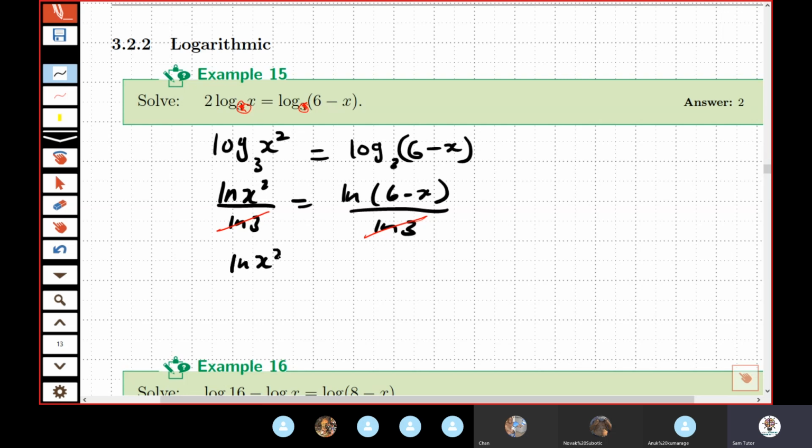So Chan, you're at this stage. You're very close. How do I get rid of my logs? What's the opposite of log? Exponentials. So you're going to exponential. Now, it's a very fancy way of saying it, but pretty much this guy and this guy will always just cancel out, right? Just like, what's the opposite of square root? Cancel.